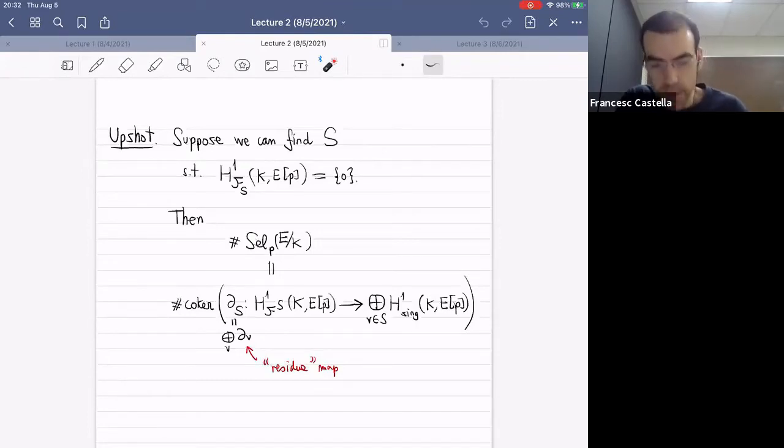Okay, so what I'm going to do today is explain Kolyvagin's construction of what we're going to call derived Heegner classes that will ultimately allow us to get a control on this co-kernel and thereby control the size of Selmer.